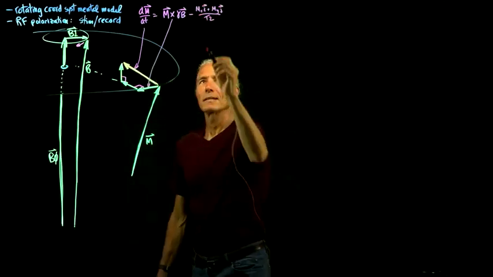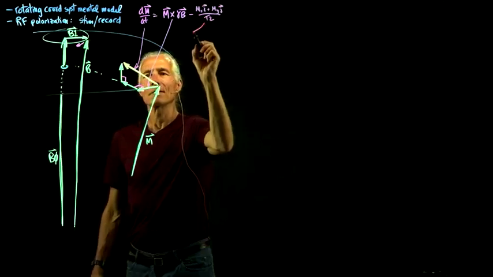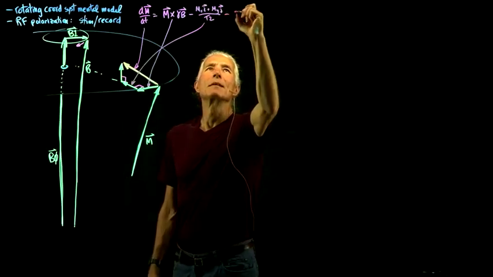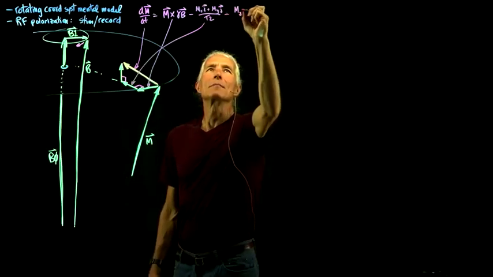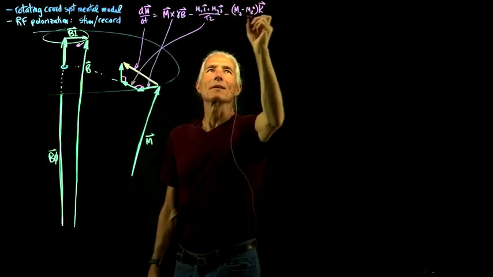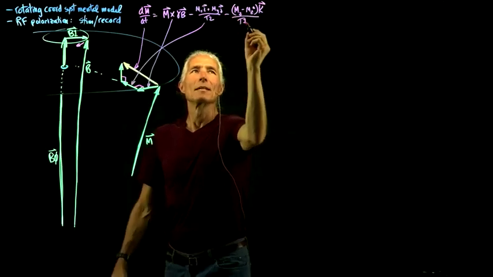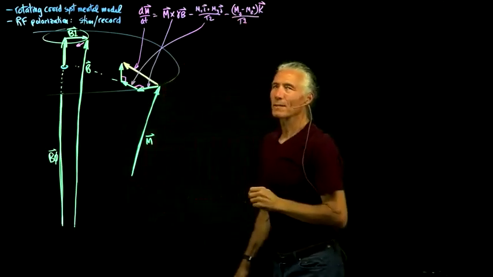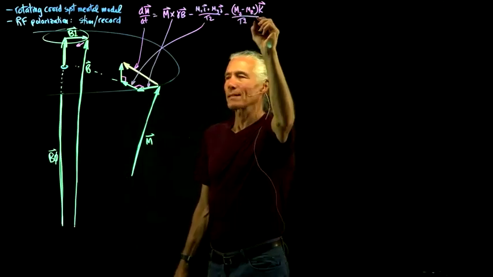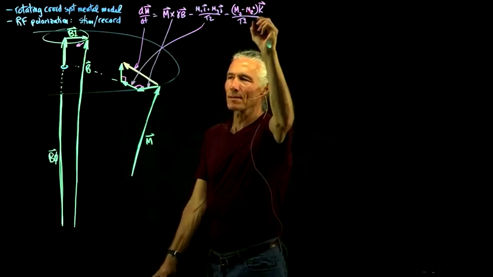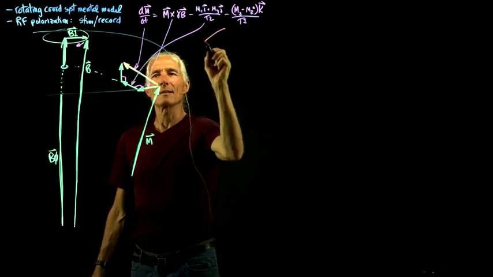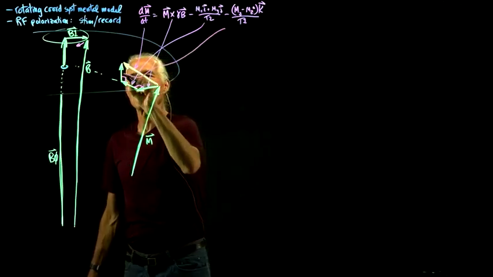That guy was the T2 decay, and then we had minus (Mz minus Mz0) times the k vector over T1. It's a minus, but because this term in here is negative, because Mz is always less than, at most it could be the same as Mz0, but it's always less. So it's a negative of a negative, so that one expands. And so that guy was right there.